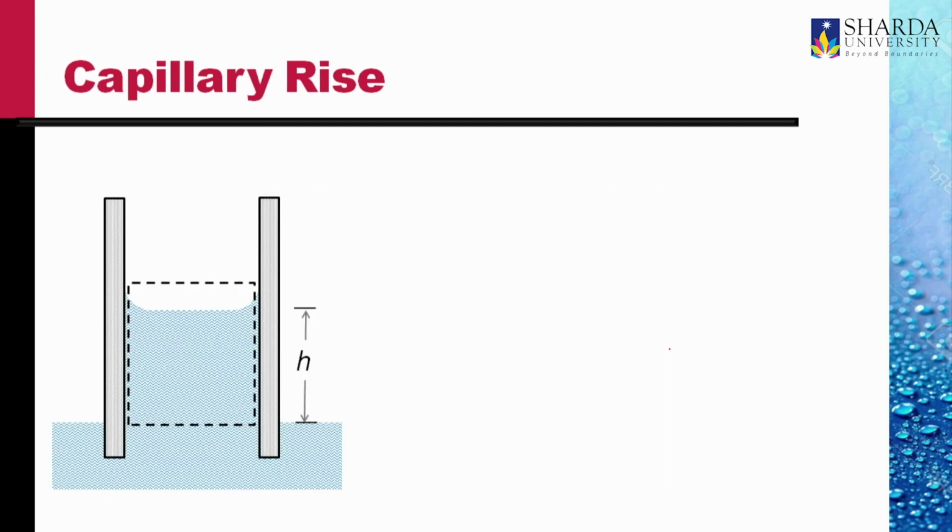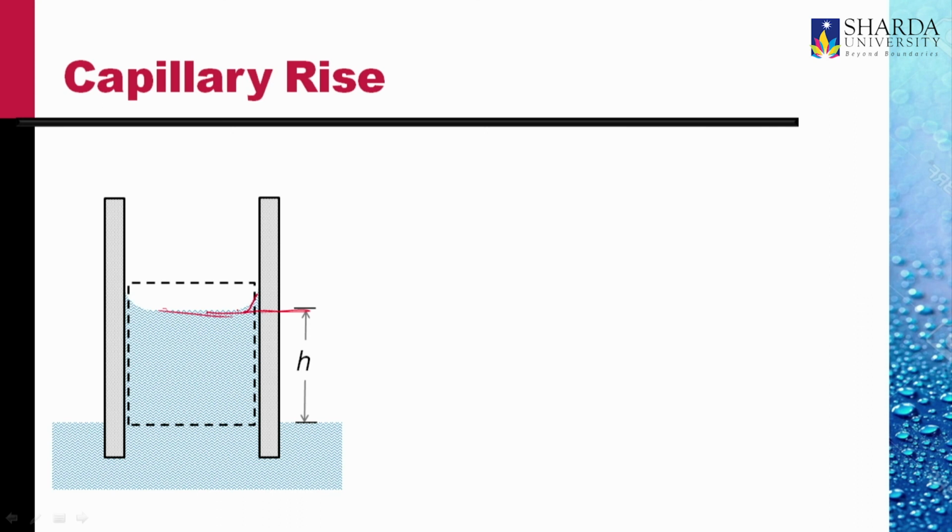To analyze this capillary rise, consider a capillary in which the liquid has risen up to a level h. Of course, we ignore the meniscus and measure only the height in the main tube.